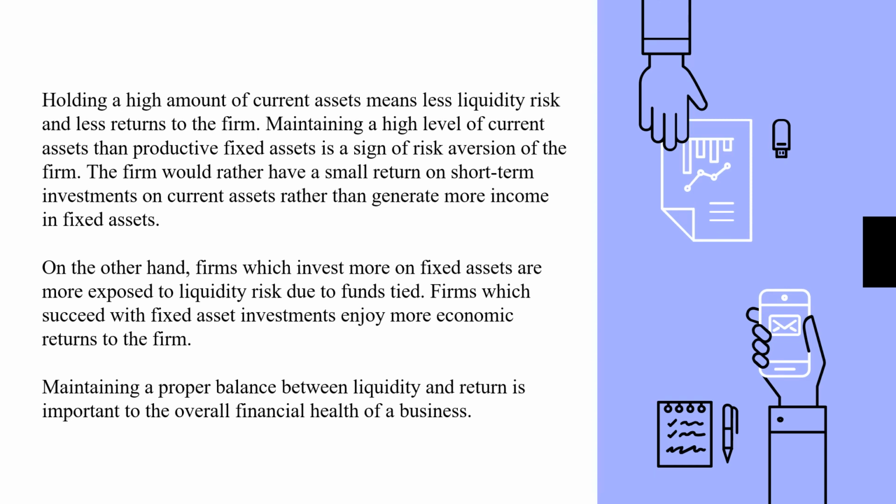So there are times that businesses maybe sometimes confused, or they just want to have short-term return rather than long-term. So, kung minsan, they want to hold a high amount of current assets, okay?